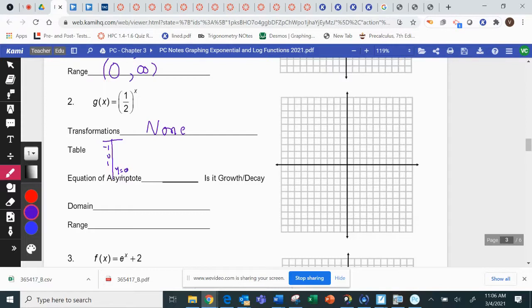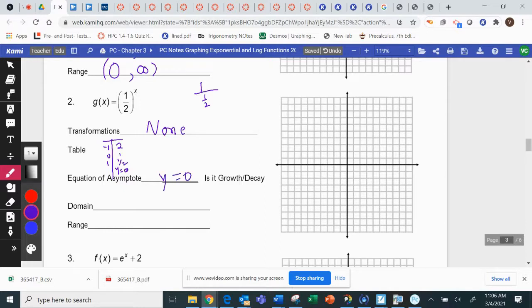And I will have, what's 1 over 1/2? What's 1 over 1/2? 2. Okay, that's just the reciprocal of a half, 2. And then we'll have 1, and then 1/2 for the third. Oop, 1/2 for the third one. I wrote a 3. And then y equals 0, because we don't have any transformations.